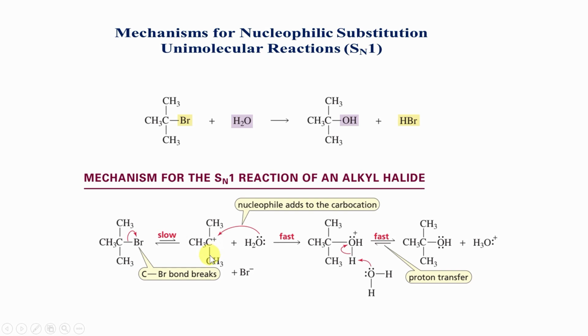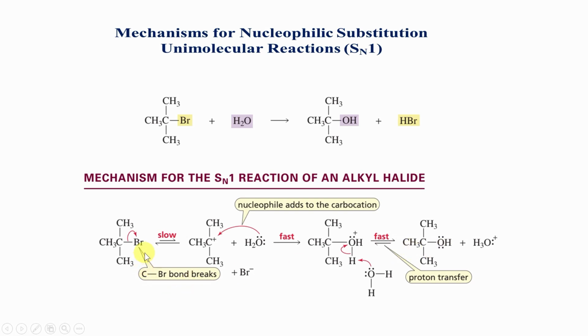And in the next, fast step, the nucleophile, here water or any solvent, adds to this carbocation, forming a protonated alcohol. Then in the presence of excess water, deprotonation or proton transfer takes place to form the alcohol, tertiary butyl alcohol. That is the mechanism of SN1 reaction.